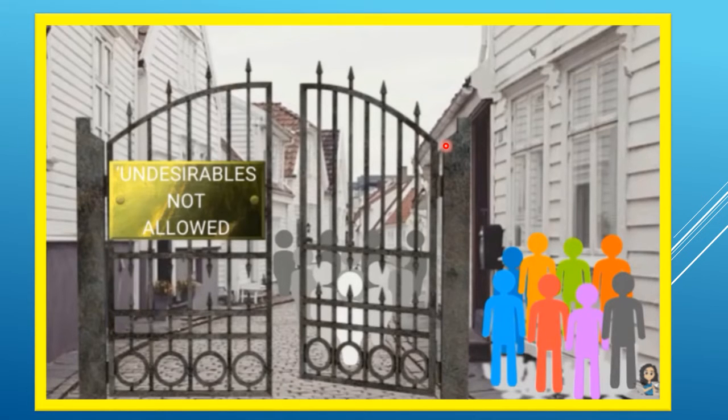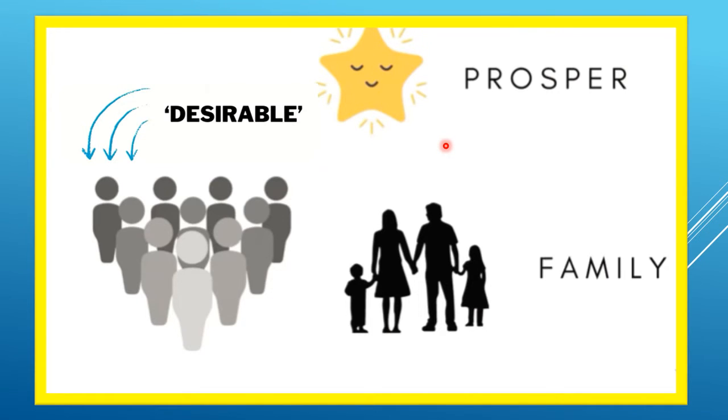Now Hitler eliminated those who were seen as undesirables by physically eliminating them. Even those Germans who were considered impure and abnormal had no right to live. Now, the ones who were considered desirable had the right to prosper and had the right to multiply its family.